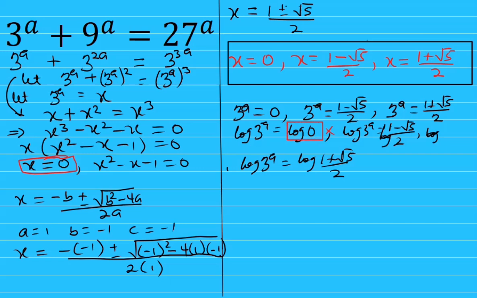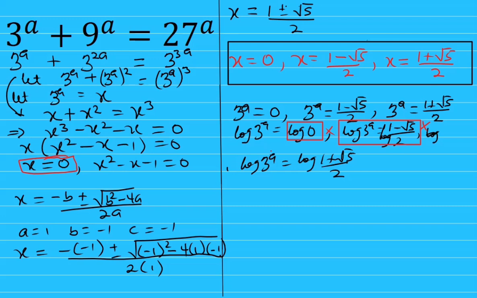There is nothing like that. And this expression here, 1 minus root 5 over 2, will give us a negative, and since the log of a negative expression does not exist, that one too is off. It cannot be a solution. So the only one that we have left is this.